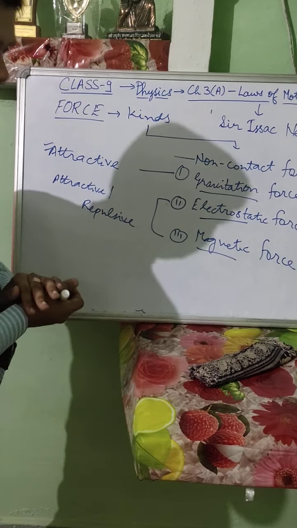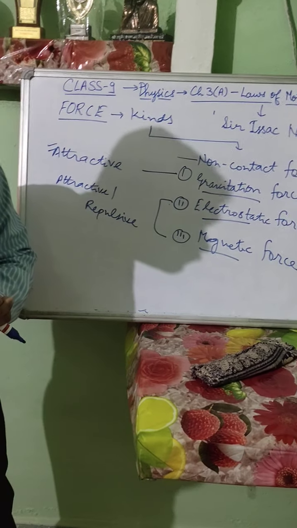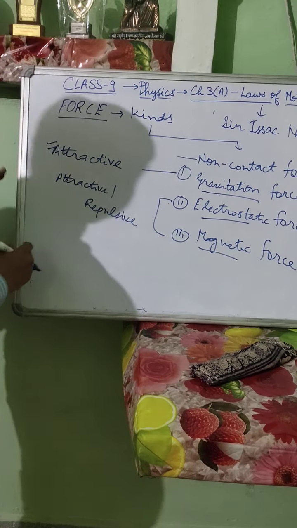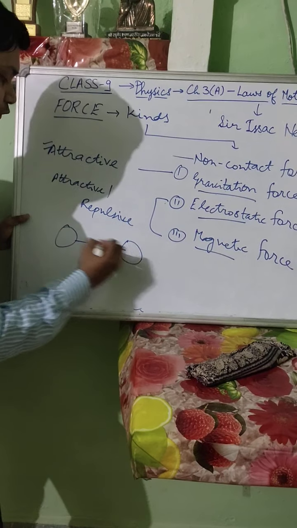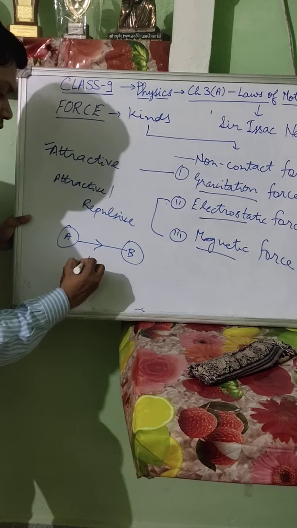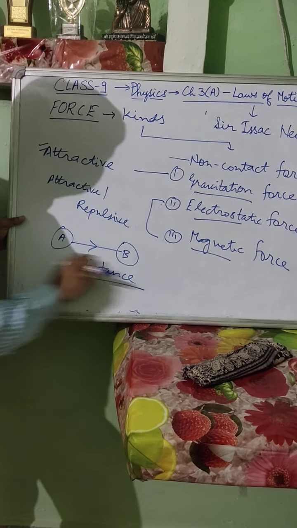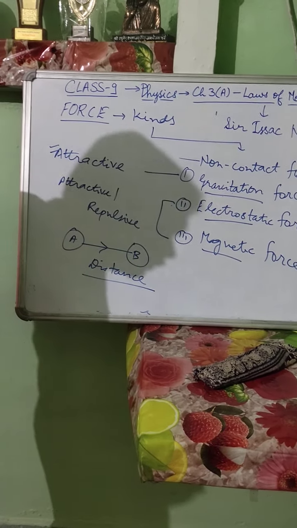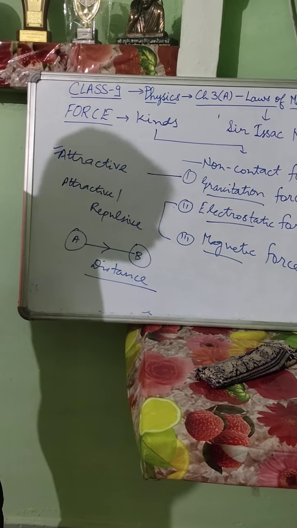This point is to be remembered. And second thing, whatever the magnitude of forces acting between two bodies, between body A and B, it depends on the separation distance between the two bodies. More will be the distance, less will be the force, and less will be the distance, more will be the force.